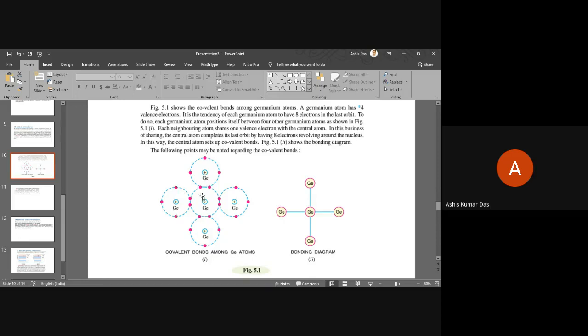Now, if you see the middle one, the central atom, and 2, 3, 4, 5 atoms are there, all are the neighboring atoms.